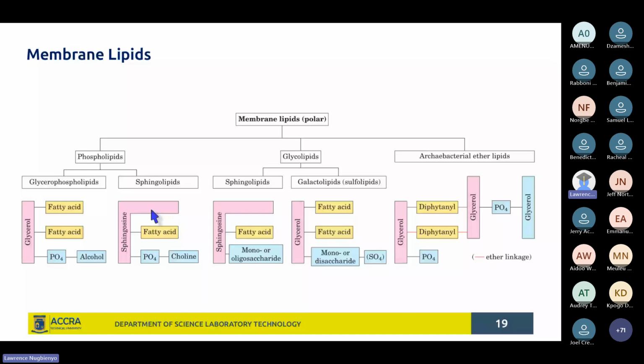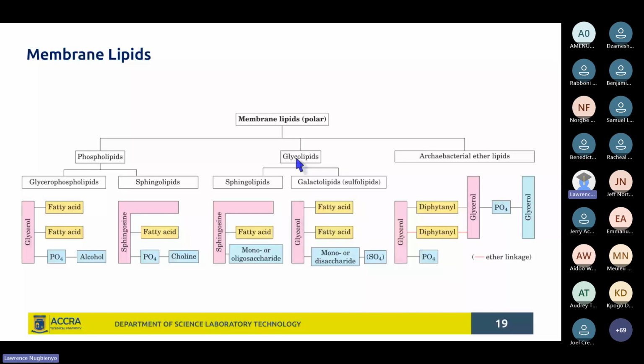And then on that phosphate group also, there's a side chain. Here they've written, say, a choline, but of course, that side chain on the phosphate group can be any residue. Then you have glycolipids. From the name glyco, you know this will have some carbohydrate content.